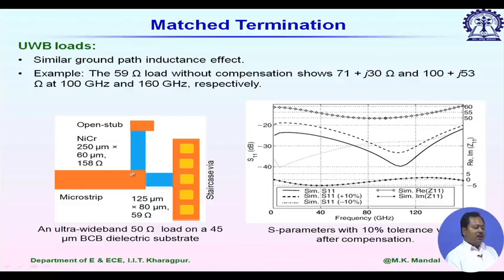So, without this shunt arm, it shows 71 plus j30 ohm and 100 plus j53 ohm at 100 gigahertz and 160 gigahertz respectively. And now, with this compensation, designed by using a full wave simulator, the required length and width of the nickel chromium thin film resistor and the open stub for this given 50 ohm, then it becomes matched over wide bandwidth.